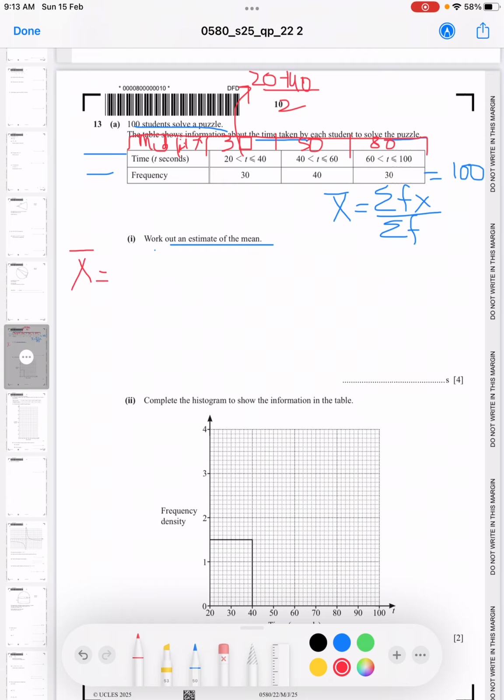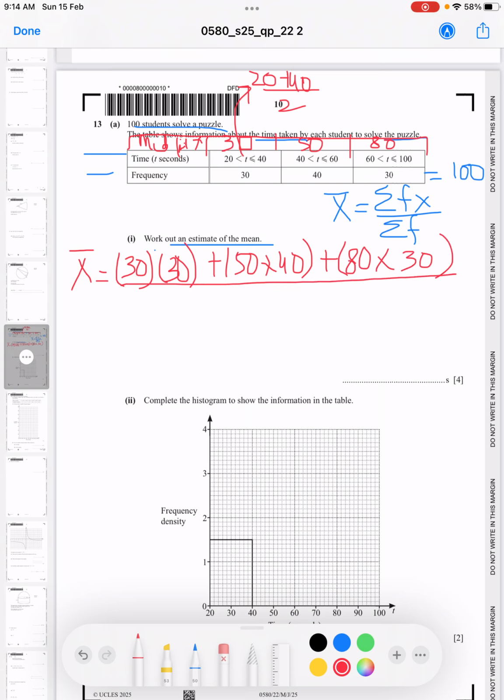x bar equals 30 multiplied by 30 plus 50 multiplied by 40 plus 80 multiplied by 30, divided by 30 plus 40 plus 30, that will give you 100.